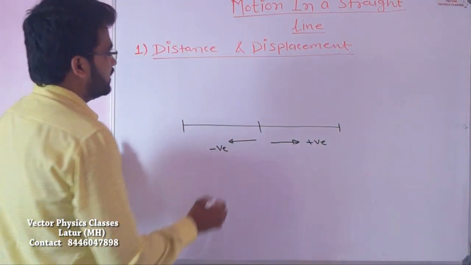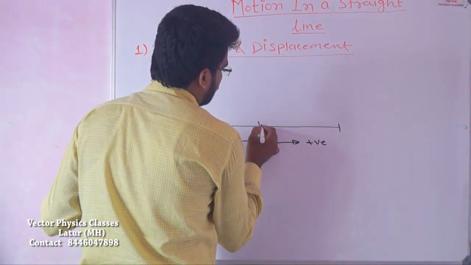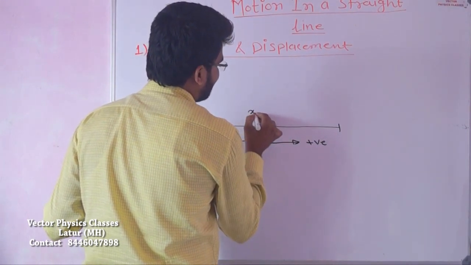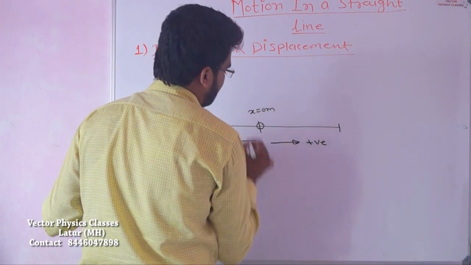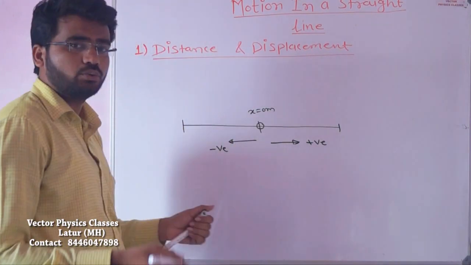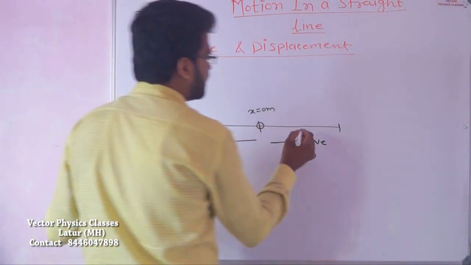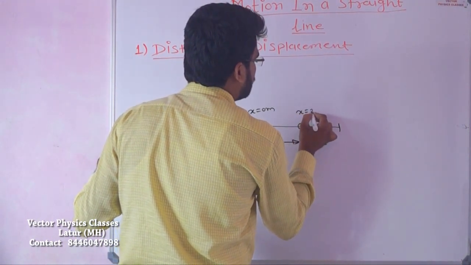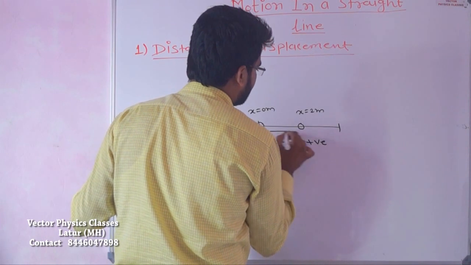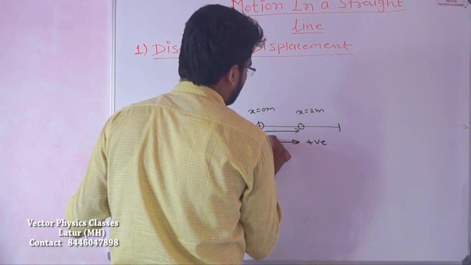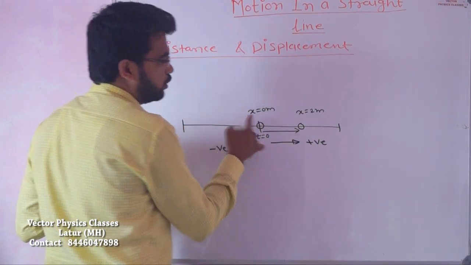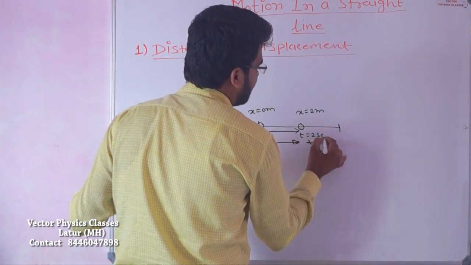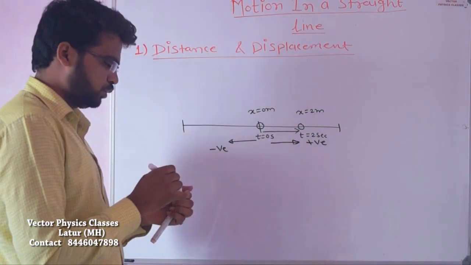Right. So firstly, let us suppose the object is at origin. That means x is equal to 0 meter at time t is equal to 0 second. Then the object went to x is equal to 2 meter like this. Supposed to be t is equal to 0, x is equal to 0 and t is equal to 2 second, x is equal to 2 meter.